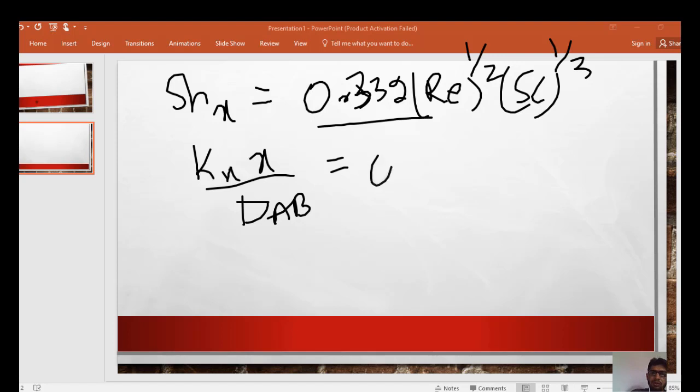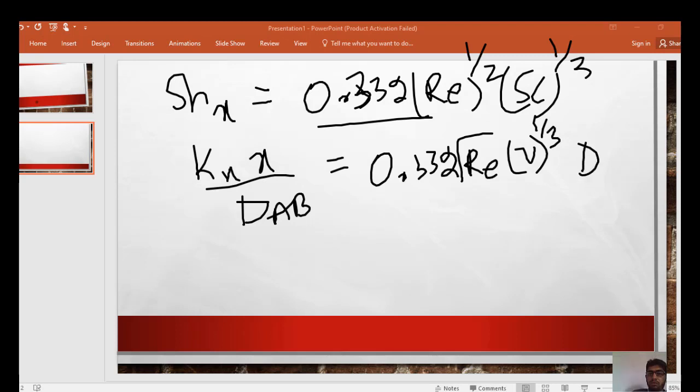Forget about this. This is 0.332 Reynolds number under the root, and the Schmidt number is nothing but kinematic viscosity divided by diffusivity. So kinematic viscosity to the power 1 over 3 and divided by diffusivity to the power 1 over 3. So the diffusivity comes to the numerator and becomes minus 1 over 3.